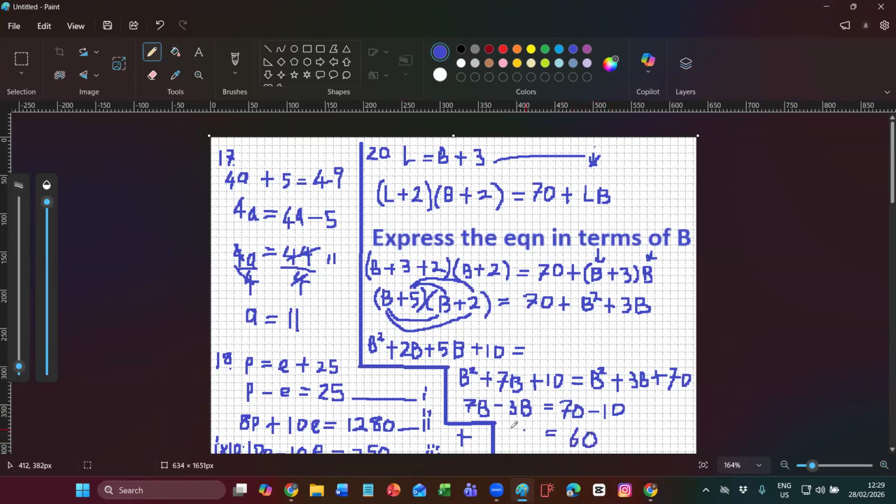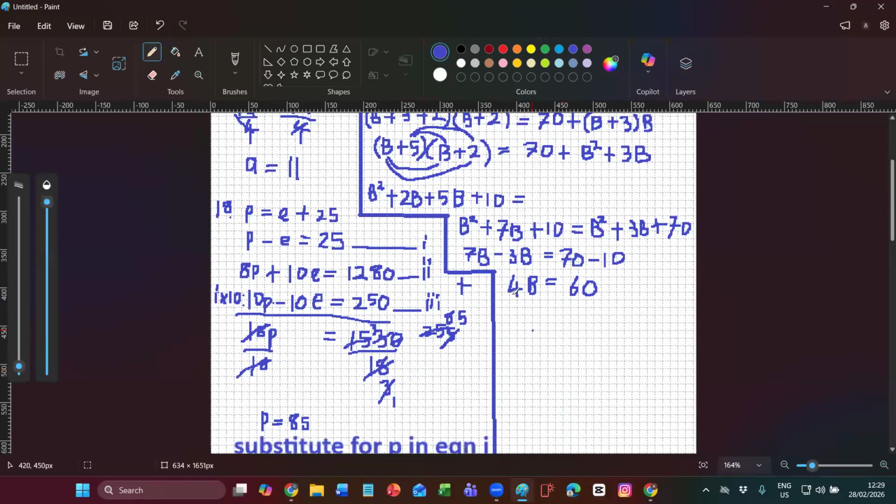Let's just write it again. 7b minus 3b is 4b. So our b will be what? Divide both sides by 4, which will give me 15. 60 divided by 4, I think that's 15. Yes, you're right, that's 15. So b is 15, and that means L will now naturally emerge. b is equal to 15.